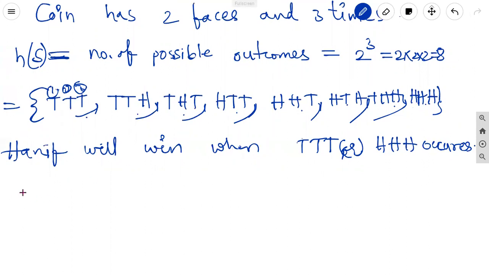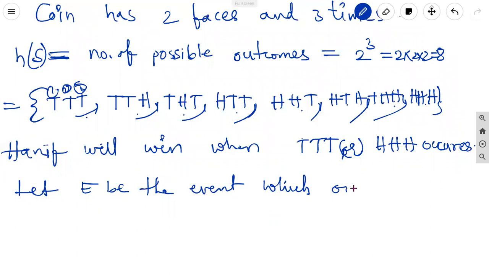What is the probability? Let E be the event which occurs 3 tails or 3 heads. Okay. Probability of E is equal to, that is the winning the game.